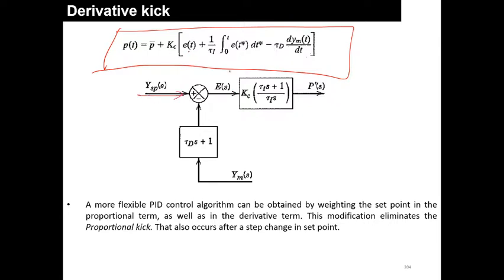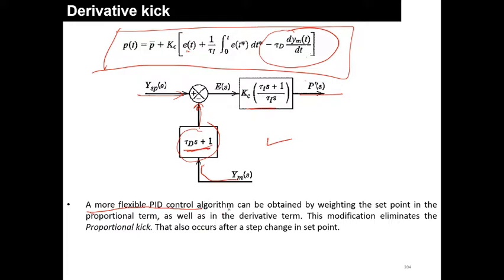This is the PI part. However, for this one, Kc into (tau d s plus 1) we took in the form of ym, with a minus sign, in the feedback. In this way the derivative kick may be avoided.